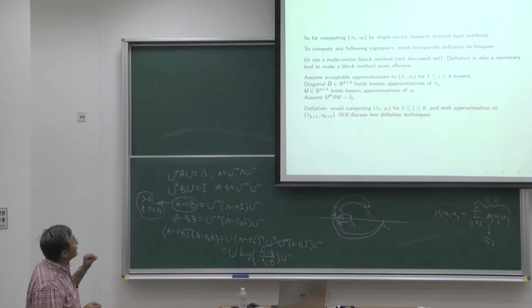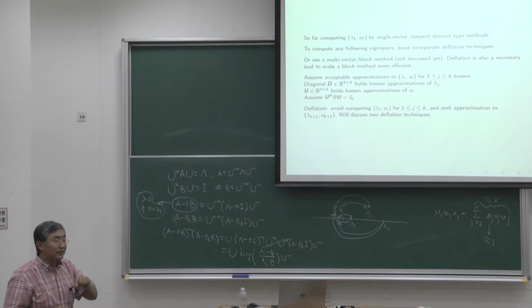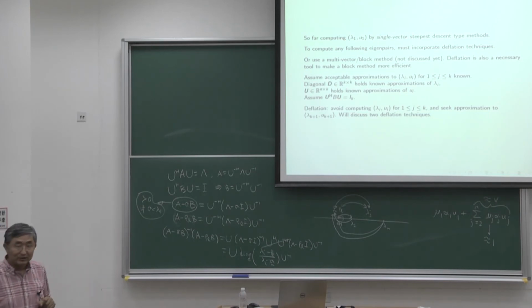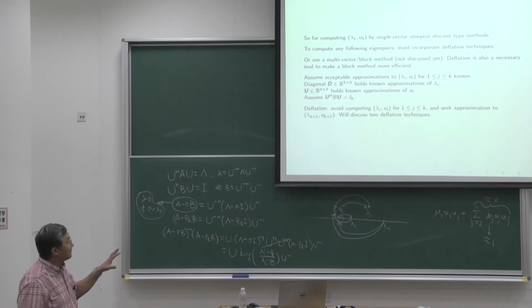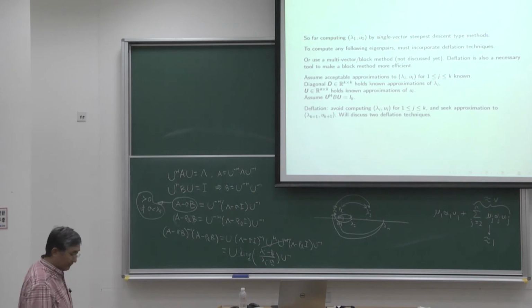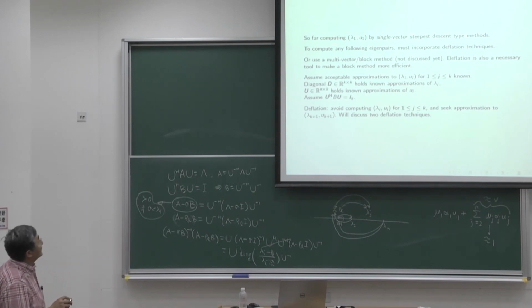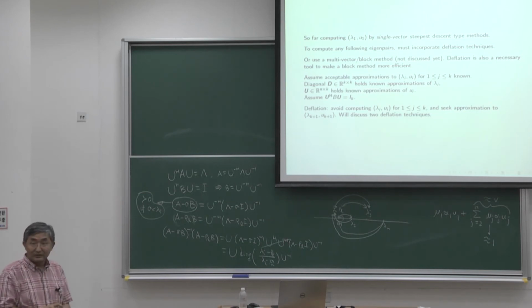I'm going to emphasize the shift deflation because that's what happened in the code that I showed you the other day. And the shift deflation has been used in every code that I put on the web, if you have time to look at it. It's based on one of the homework assignments that you have worked on.